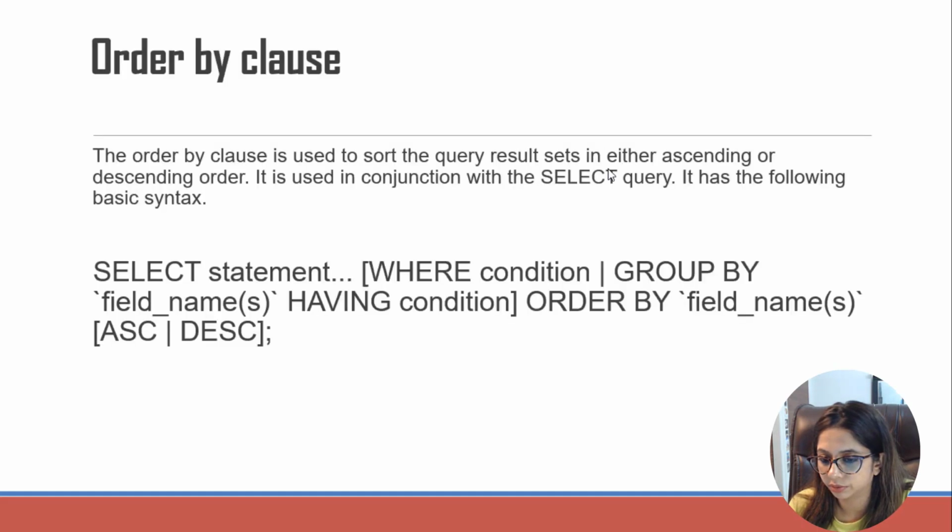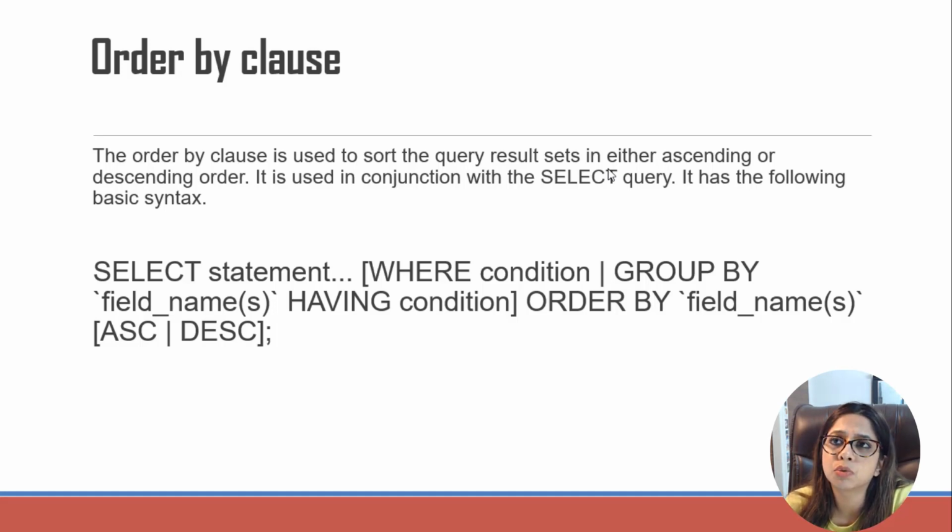Now there's something called sorting. We need to learn how to sort the table on the basis of a particular column. Sorting is important to learn because most of the time in a table or database we need to sort things.